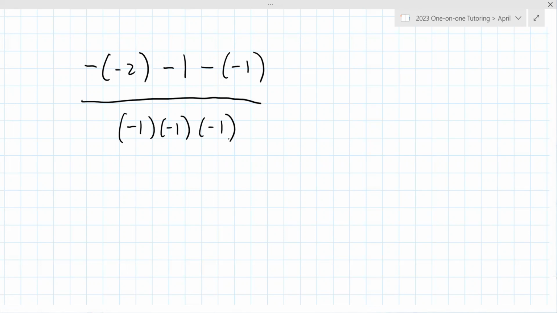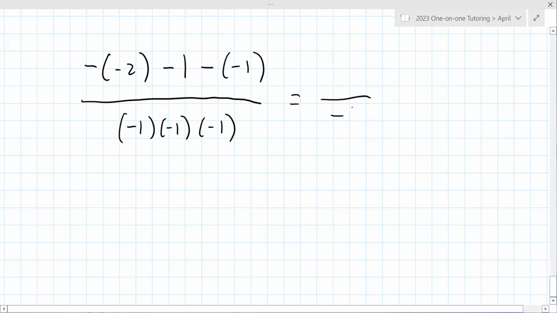Okay, so 0 over -1. The bottom is correct, the top is not. Plus 1. So -2 minus 1 is, oh, no. Okay, so -3. Okay, -2 over -1. Try again.